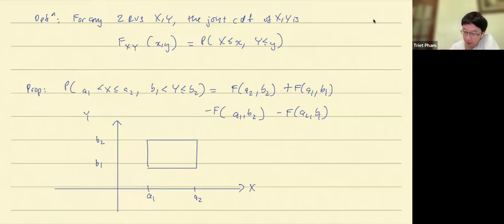Now, what's F of a point? F is this probability, meaning that at a point, what are we looking at? Below the y value and to the left of the x value.